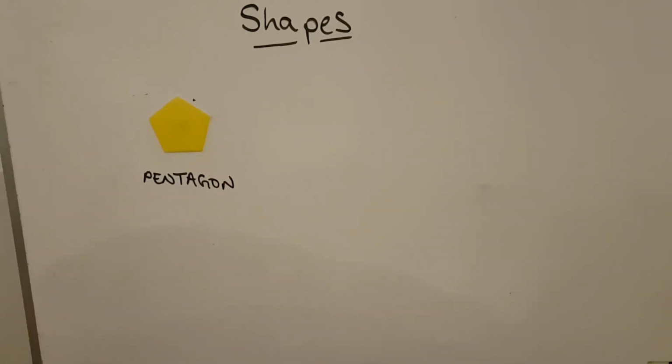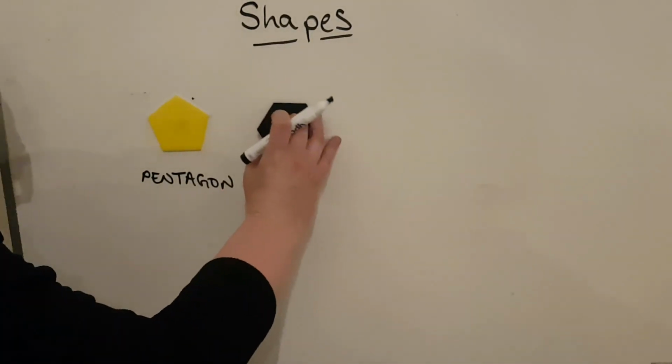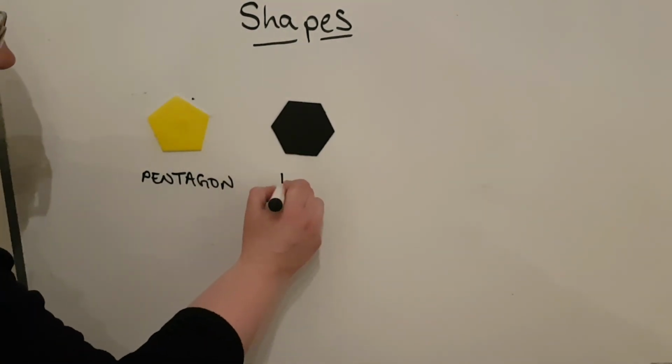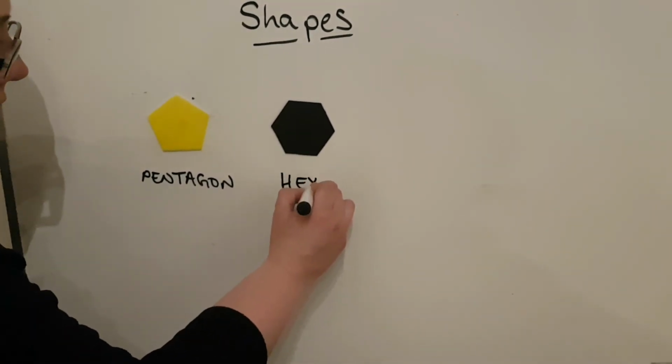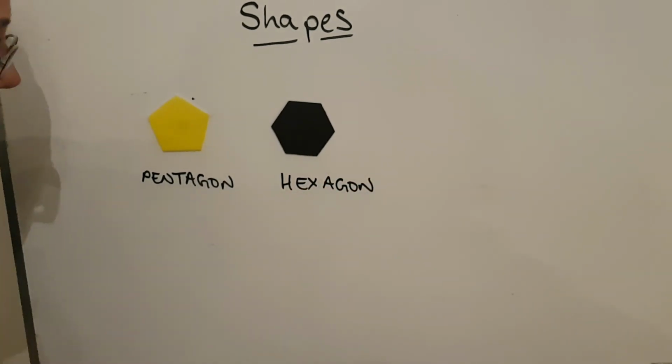So we've got that for the pentagon. We have then also got a hexagon, which is a six-sided shape. So six, the number six has an X in it, and hexagon has also got an X in it. So hexagon, this one's six-sided with six angles and some symmetry as well.